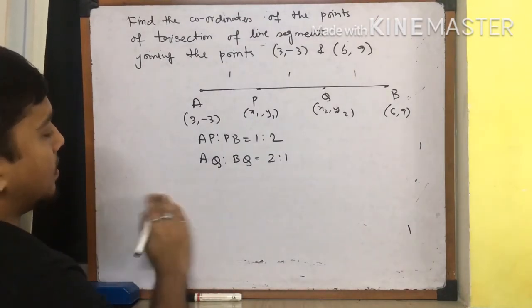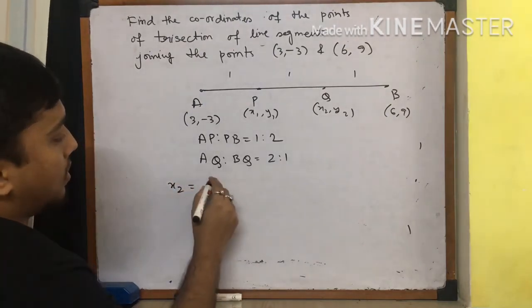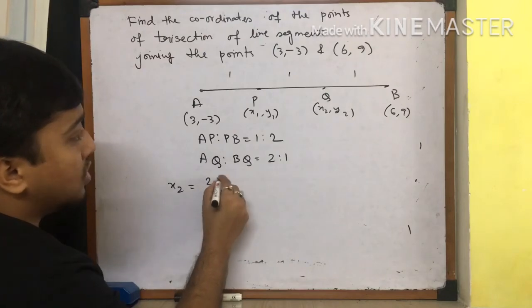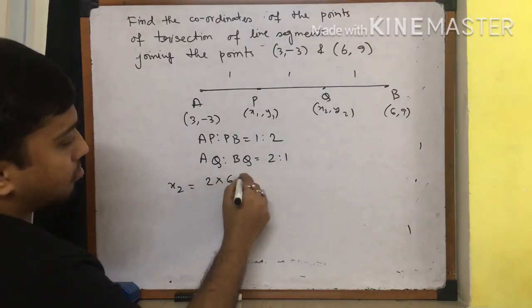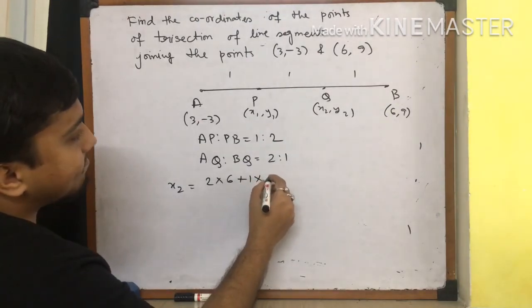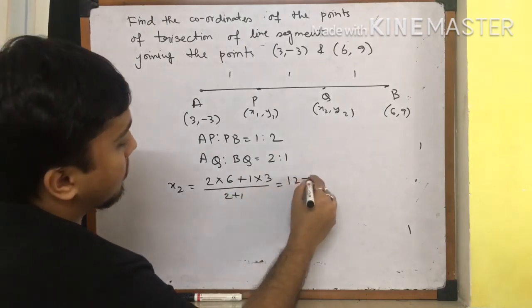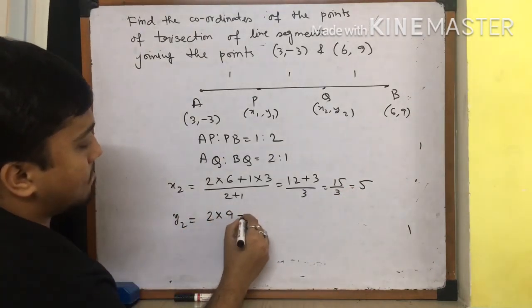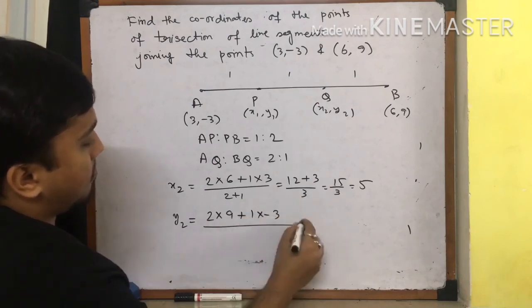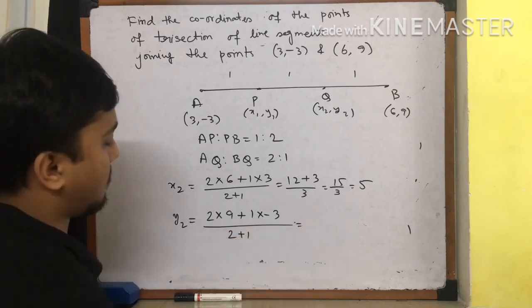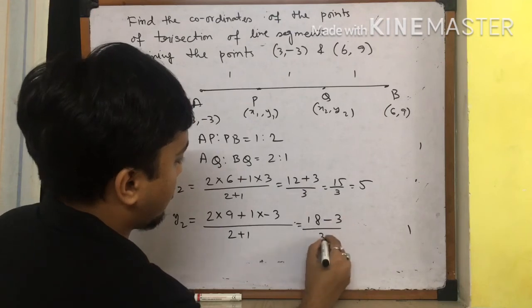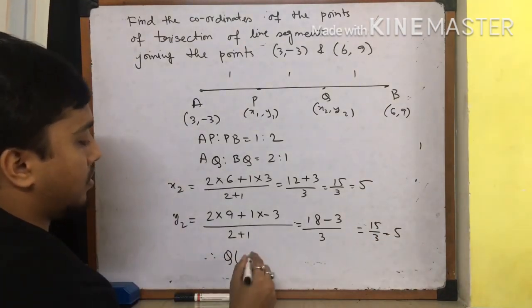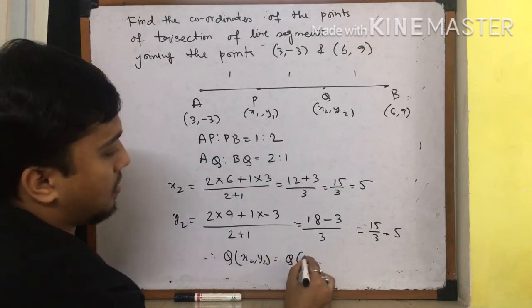For Q, x2 is equal to m1 x2 plus m2 x1 by m1 plus m2, with 2 into x2, and similarly y2. Therefore the coordinate of Q is 5 comma 5.